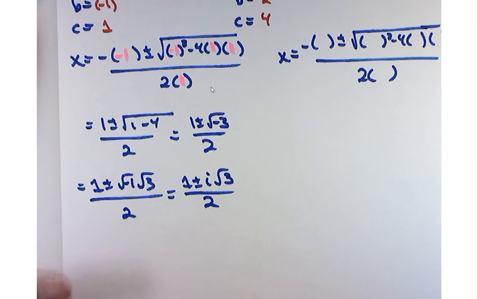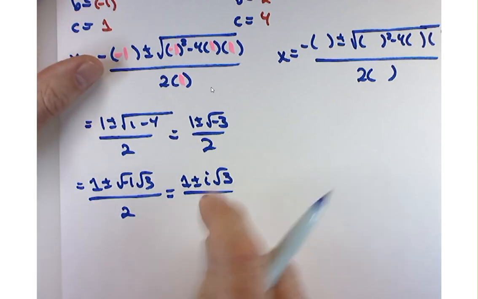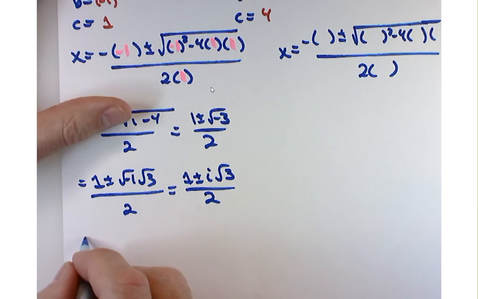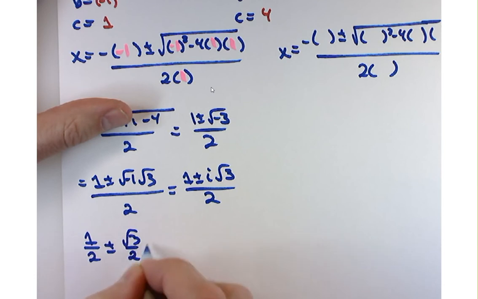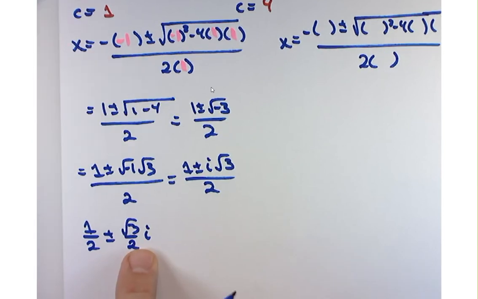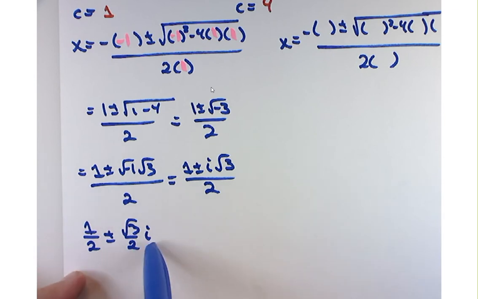Now, I'm okay with it here in terms of the root, but WebAssign might want it broken down a little bit farther like this: square root of 3 over 2 times i. And the reason for that reflects the applications of this kind of stuff to physics, where the real part and the imaginary part have much different interpretations.